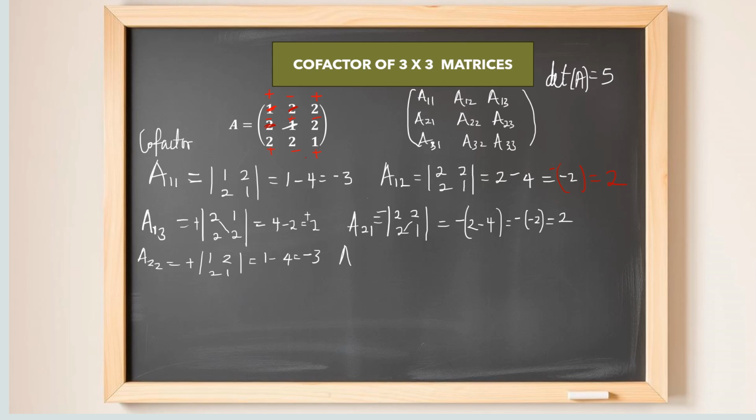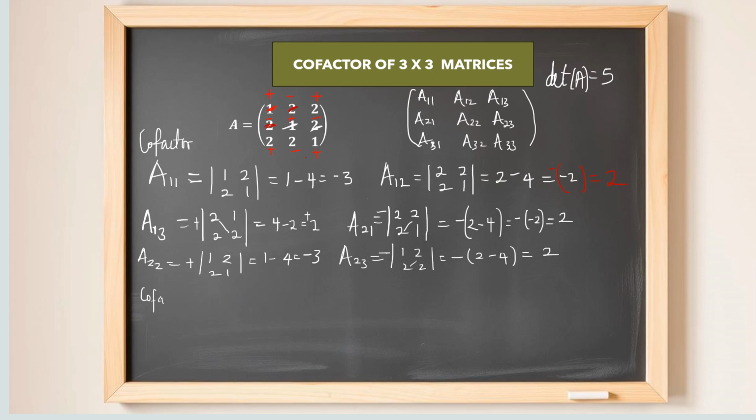And also for A23, if you cross out this row and column, we have negative outside. We have 1, 2, 2, 2, which is negative of 1 times 2 is 2, minus 2 times 2, which is 4, which is 2.